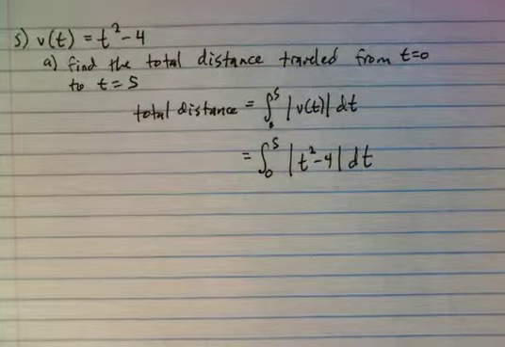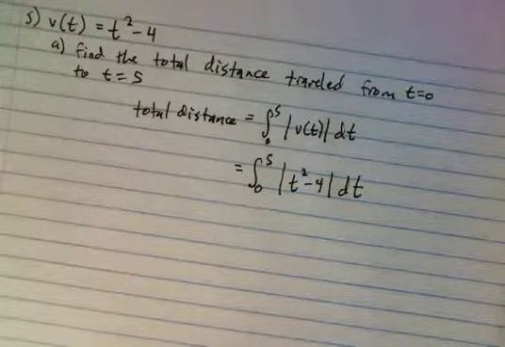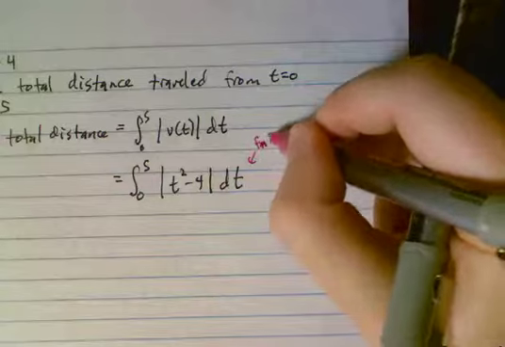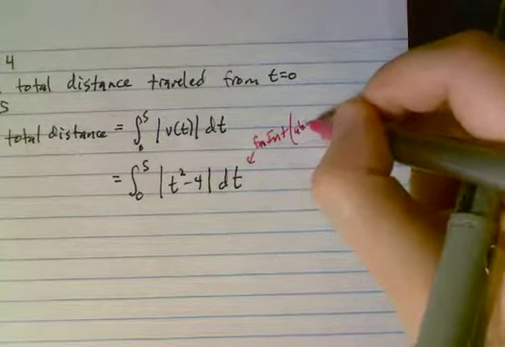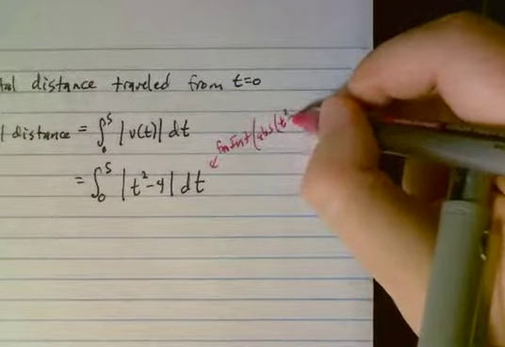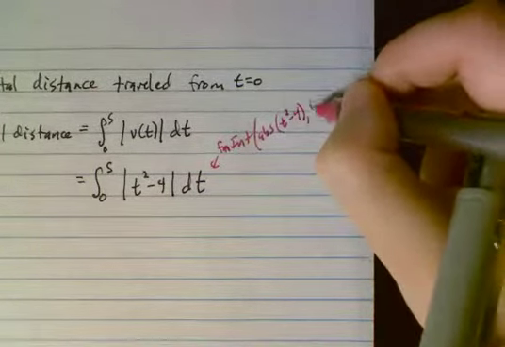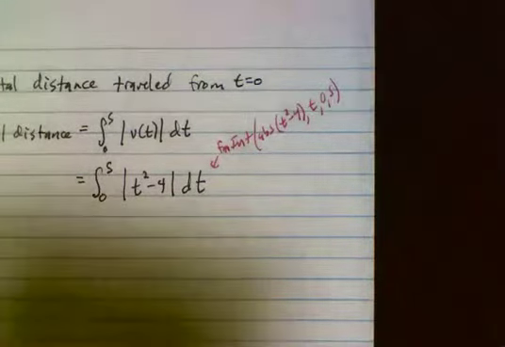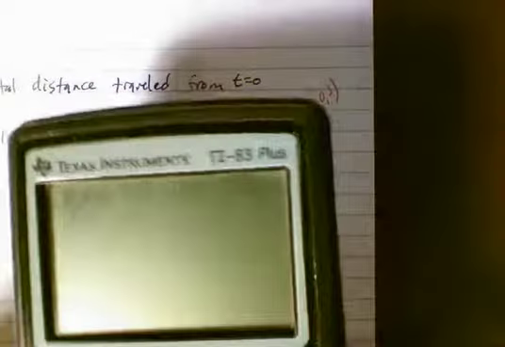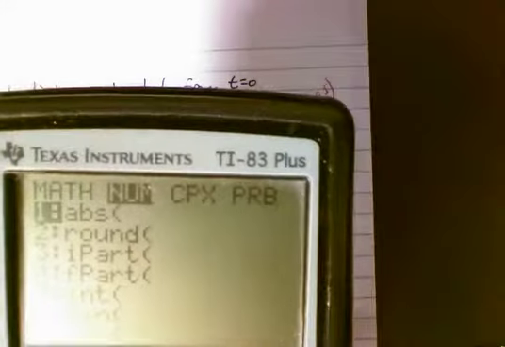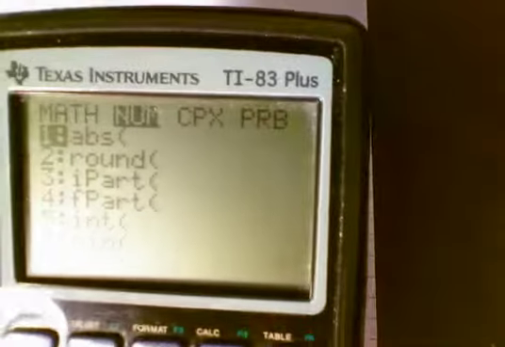What I'm going to use for this is I can just use the definite integral. The command you're going to use is the ABS command. So t squared minus 4, comma t, comma 0, comma 5. And when you put that in, remember, your absolute value on these calculators is going to be right there, math and then number.